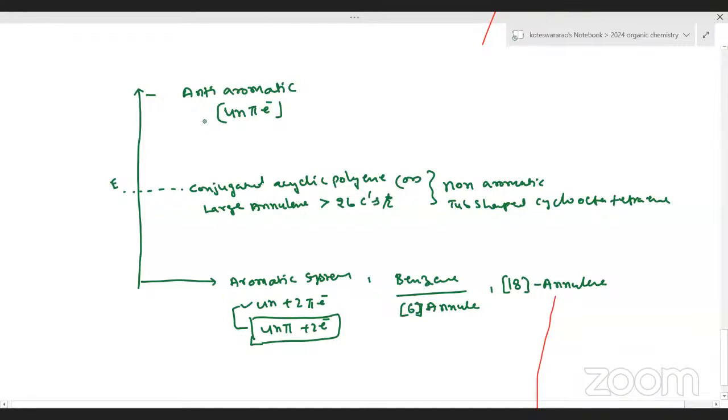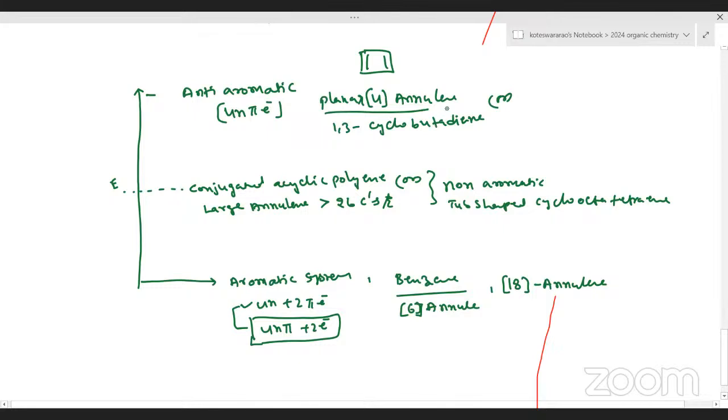Next, for the anti-aromatic, we have several examples. What is that? The planar 4-annulene, that is, 1,3-cyclobutadiene. Cyclobutadiene. Like this. Right.